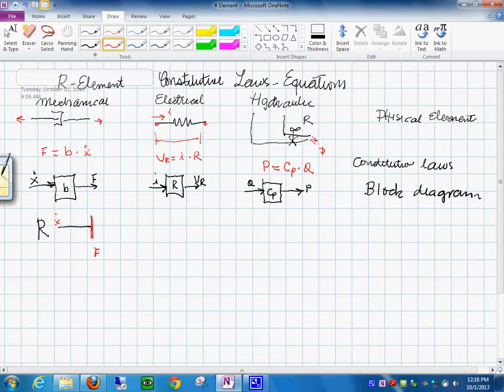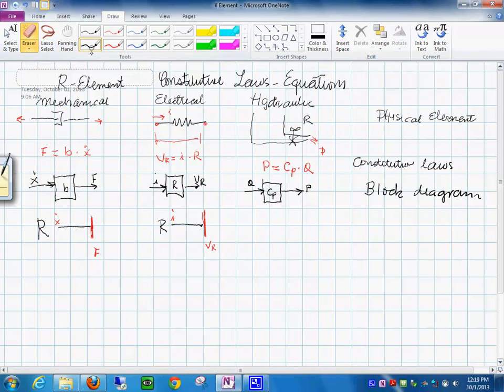So in here we can do for this one over here the same way. Make sure that you put in here the output of this is going to be this voltage, and the input of this is the current, see? And let's just do it for the other element in the hydraulic domain also. This is the R, and let's just be consistent with this.